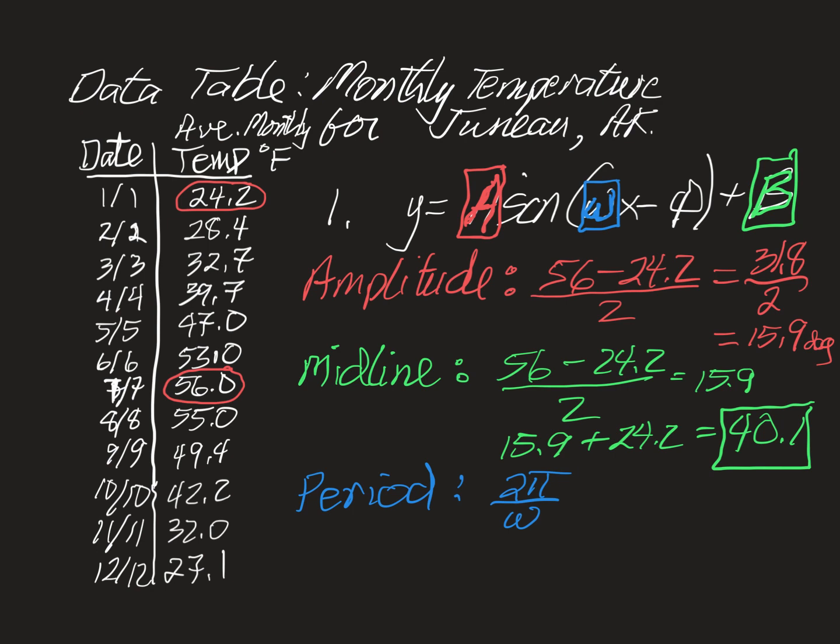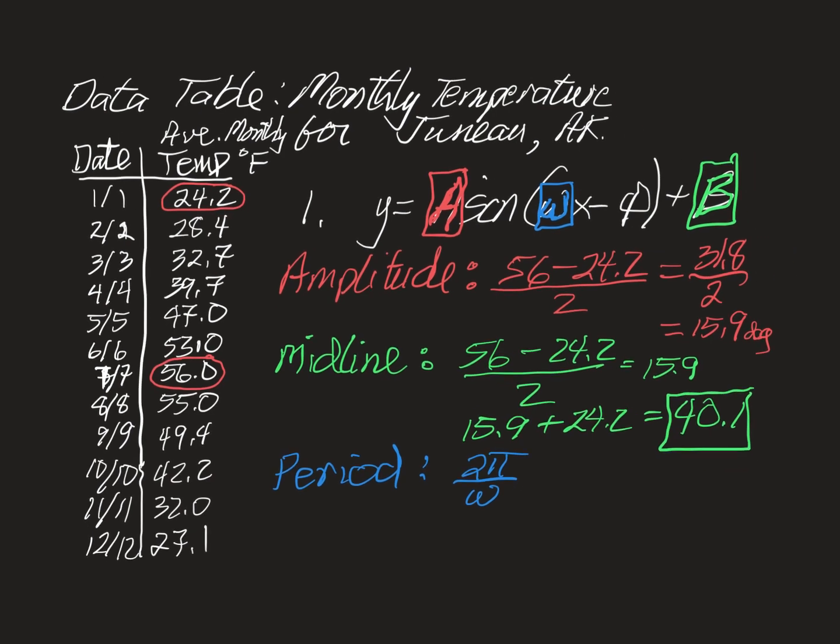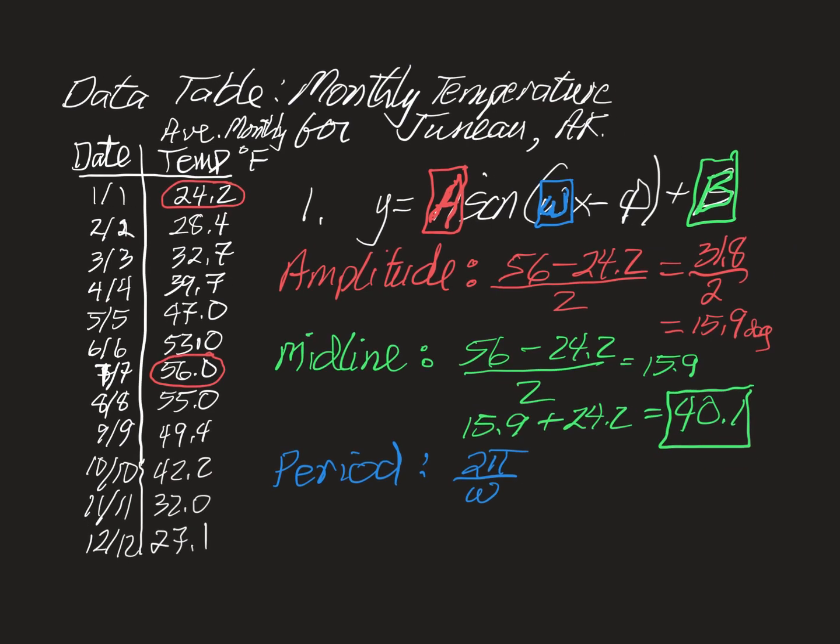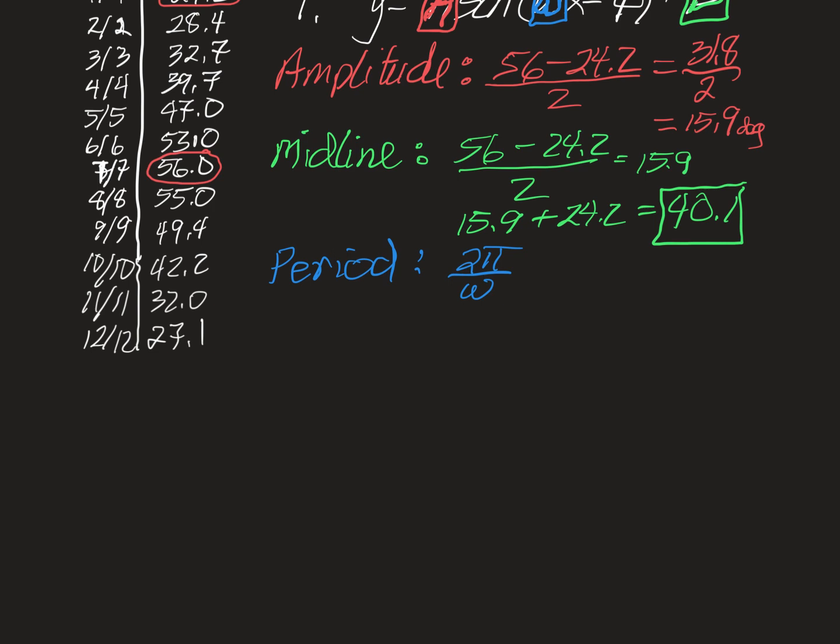So what we need to do is think about a graph of this. What does a graph of a sine function look like? So let's draw it, okay? The graph of a sine function looks something like this, right? And this is one period on the x-axis, one period, okay?